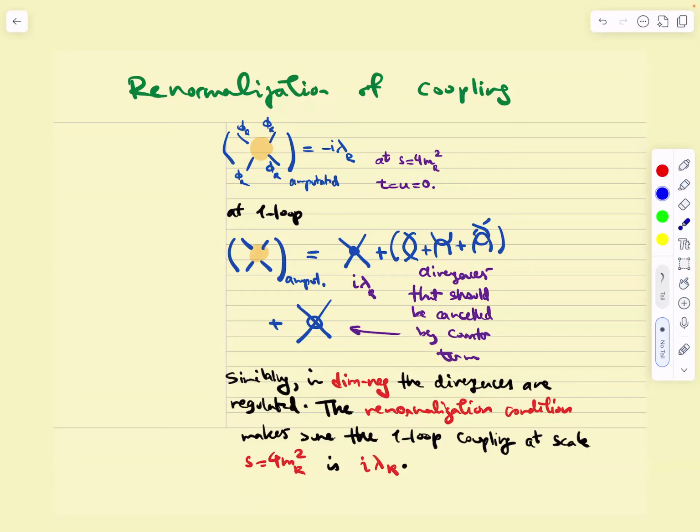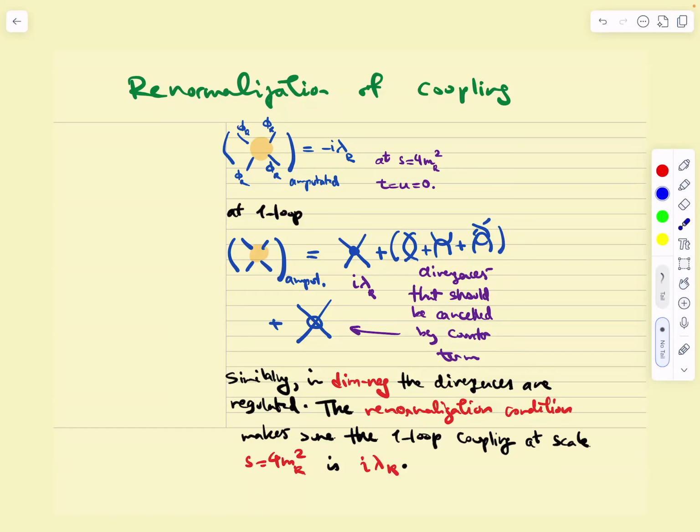T and S are related by this cosine and sine of theta. Basically, in the limit that masses are very, very small, just keep this in mind: T is minus S over 2 times 1 minus cosine of theta, and U is minus S over 2 times 1 plus cosine of theta, when the masses are small.